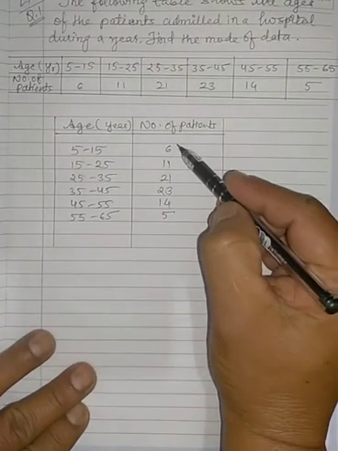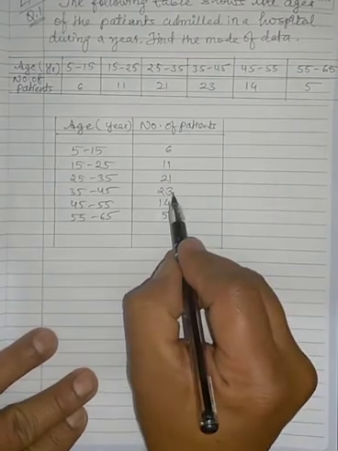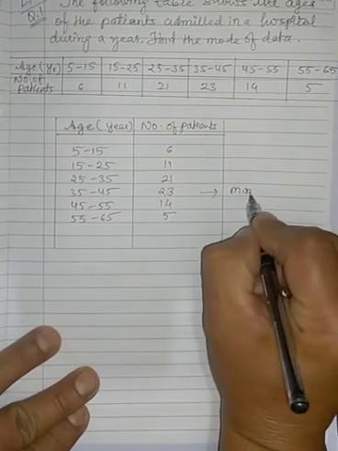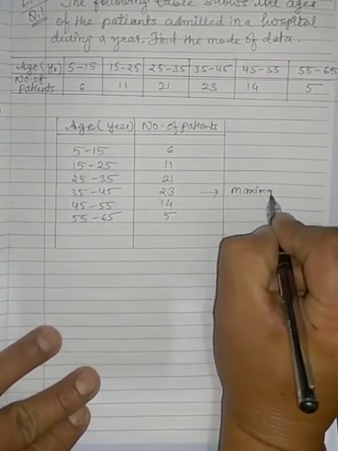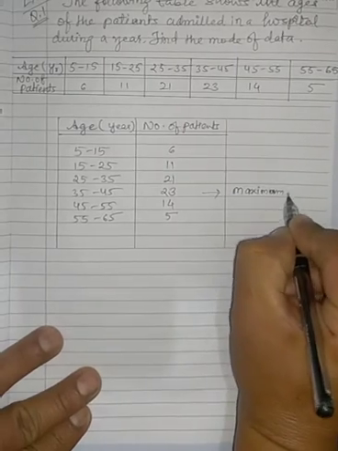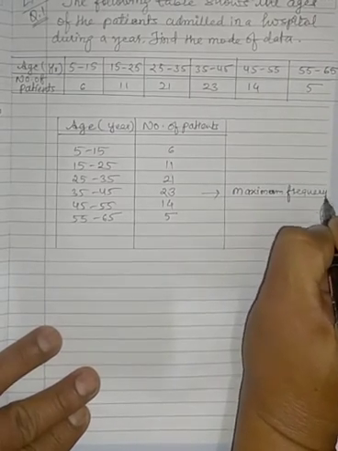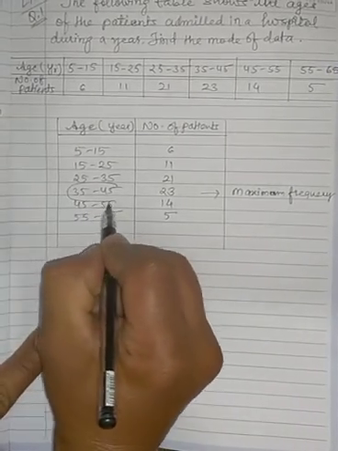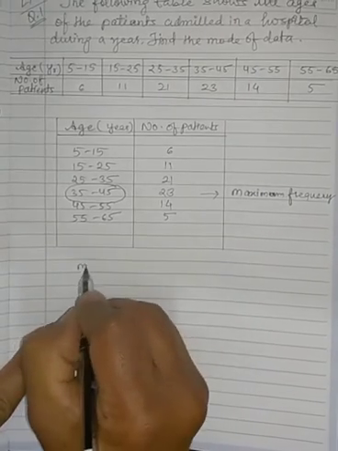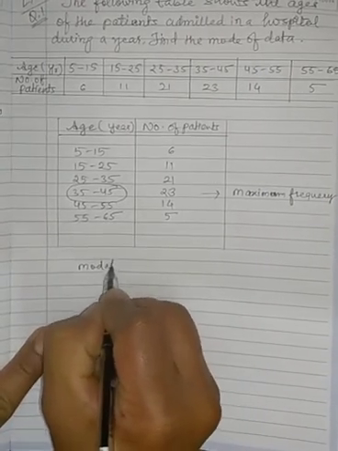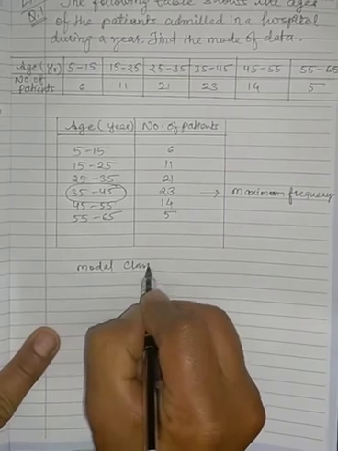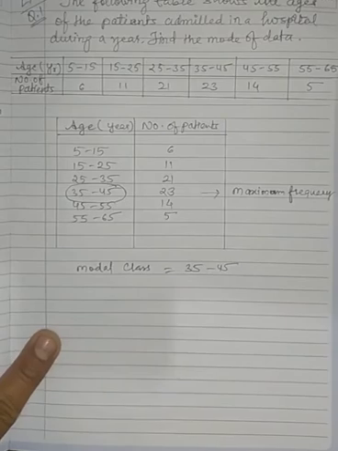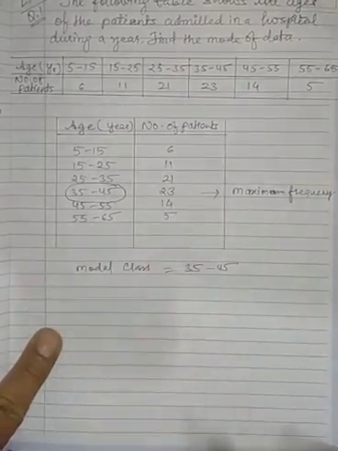So now if we observe all the frequencies, we see that 23 is the maximum frequency. That means this class interval is the modal class. So modal class is equal to 35 to 45 because it is just in front of the highest frequency.